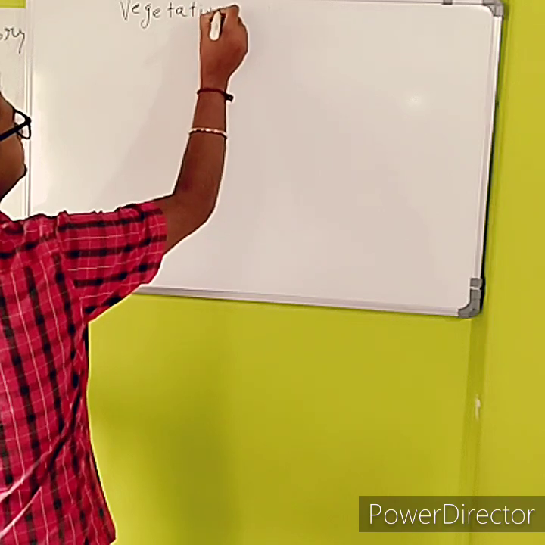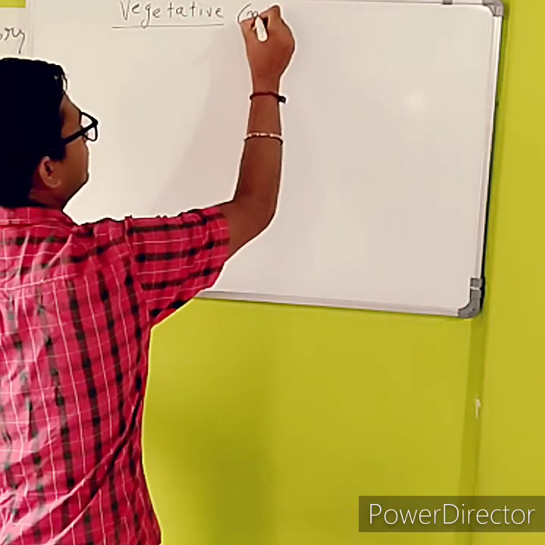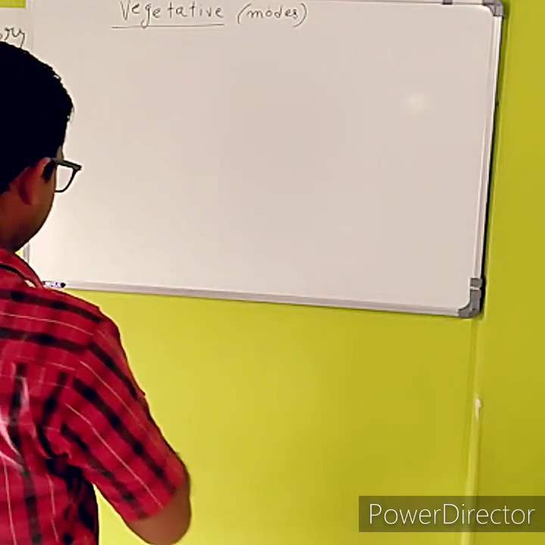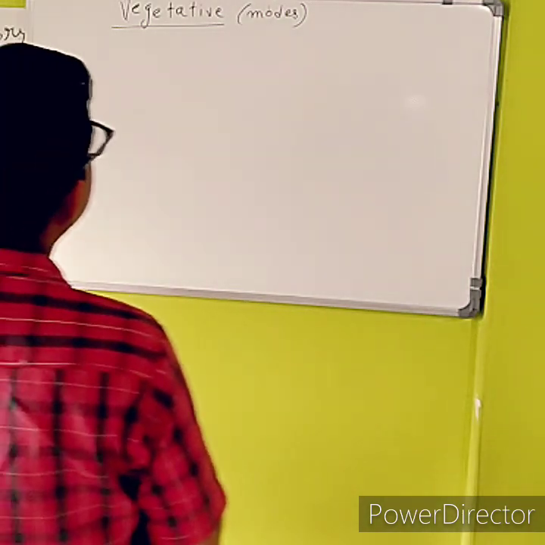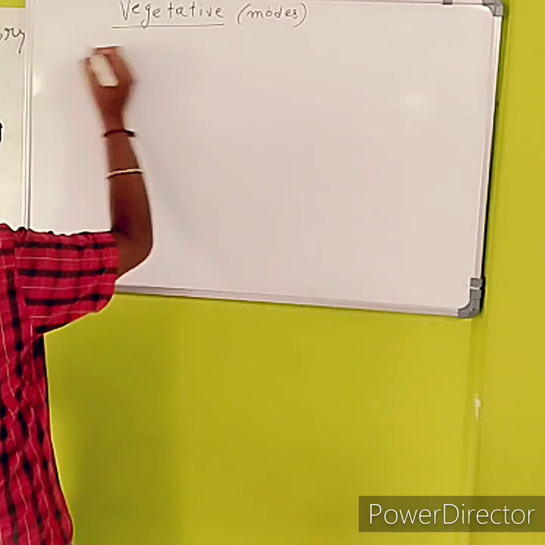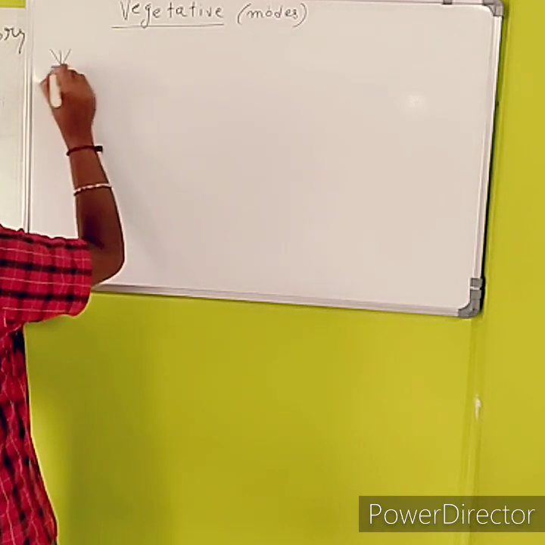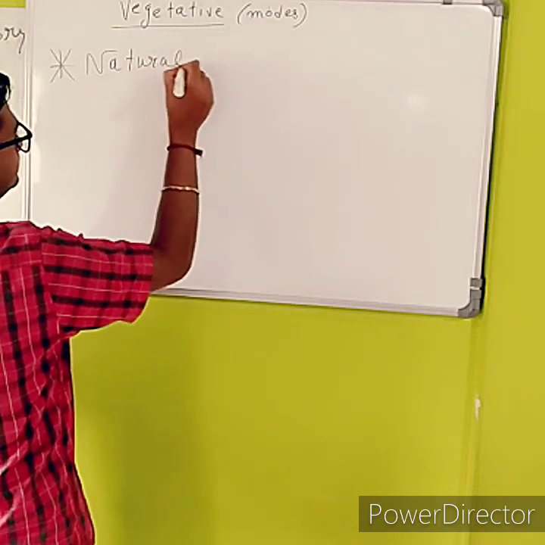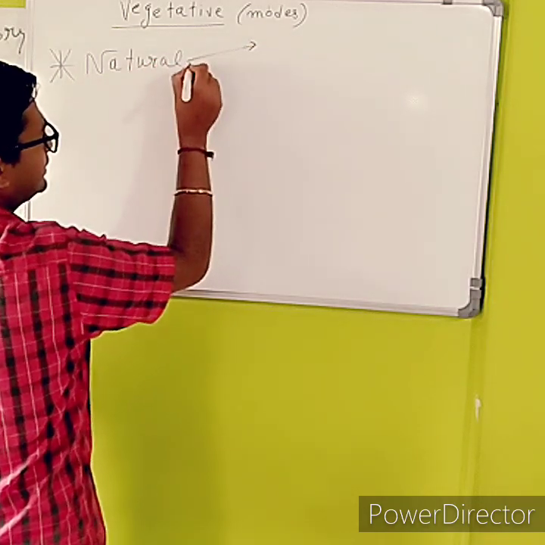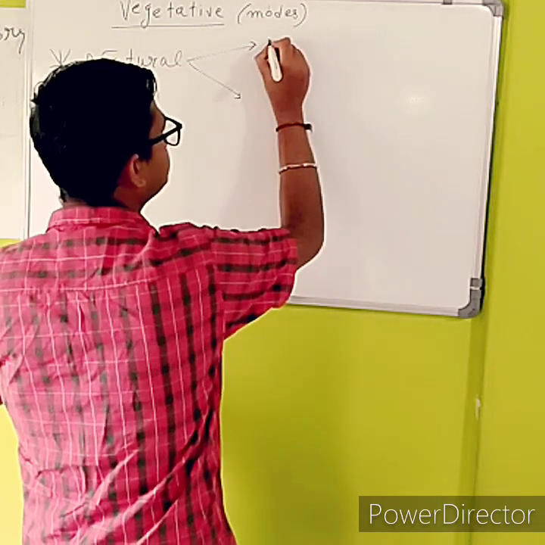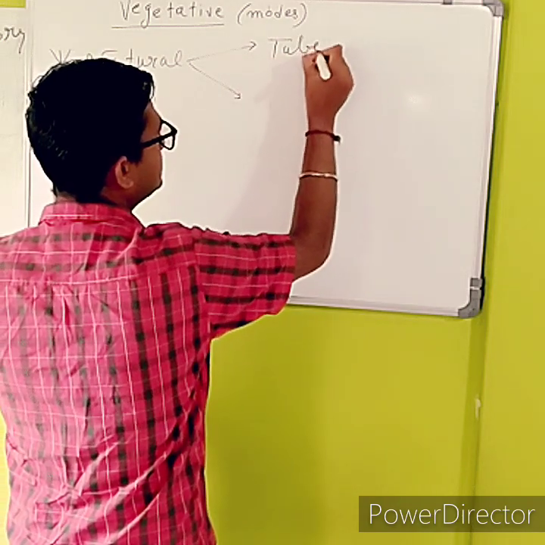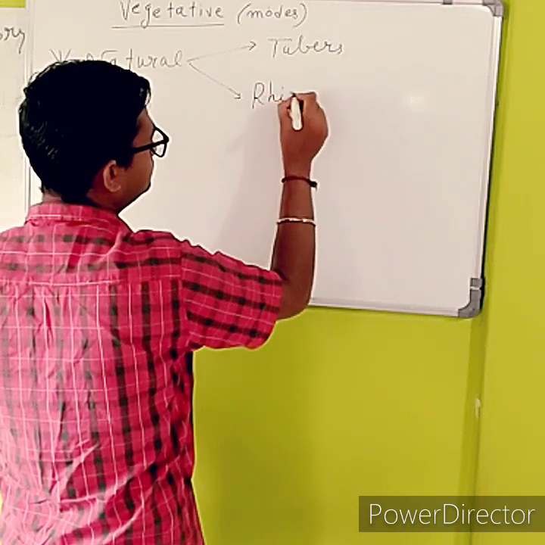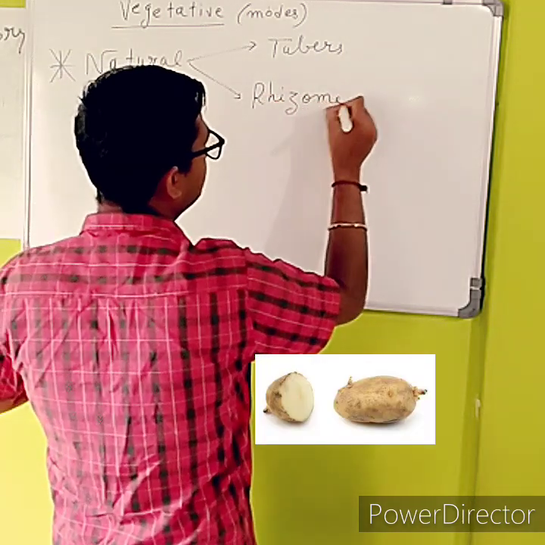Now I am going to discuss the modes of vegetative reproduction or vegetative propagation. Vegetative propagation can be categorized into two types, natural and artificial. The natural one includes tubers, rhizomes, suckers and bulbs.